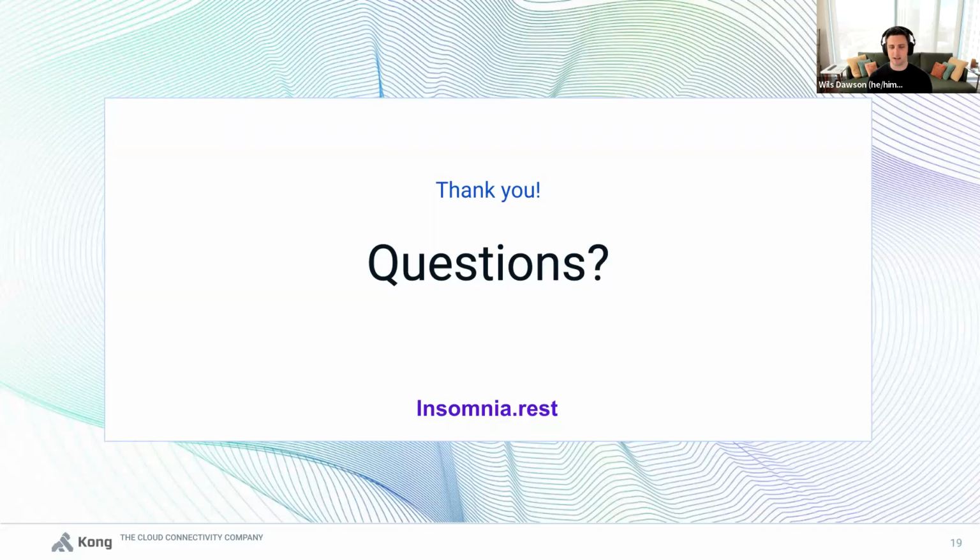Yeah, great question. You can, in fact, sync environments, I believe, and I think that's how Philippe demoed the Kong Gateway environment that he was using as well. So yeah, there are a few different things with Insomnia environments. You can create private environments, which are a flavor of sub environments, which will not get synced.